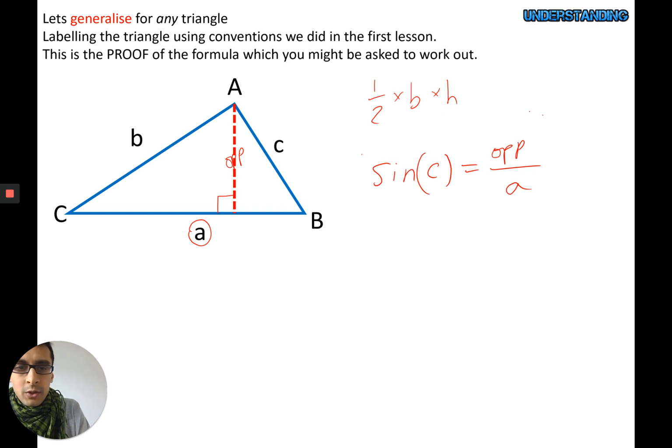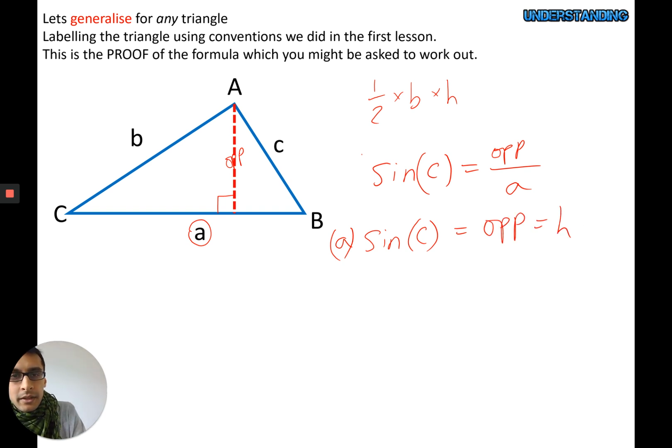You can substitute all the values in now and you can replace this. So sine C times A is equal to the opposite, which is also the height. And then you can replace this height into that formula.